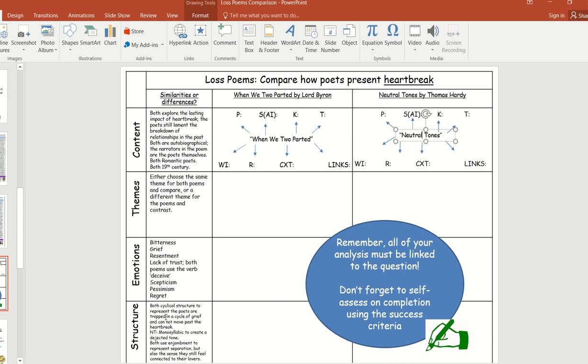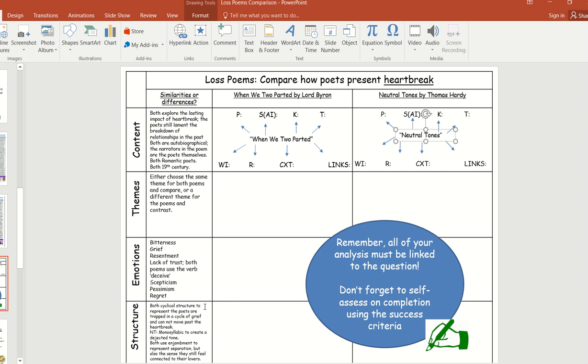And the intention behind that is to represent that both poets are trapped in a cycle of grief and they cannot move past that heartbreak. And even though those relationships ended a very long time ago, that pain is still soul destroying, and it is still as intense as it was when that relationship originally ended.